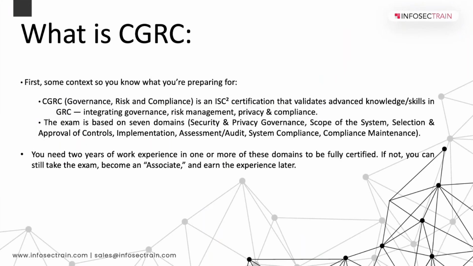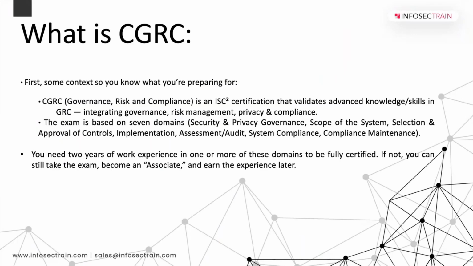Once you clear the CGRC exam, you have provisionally passed. Clearing the exam is one part of the story. The second part is where you have to prove your work experience.